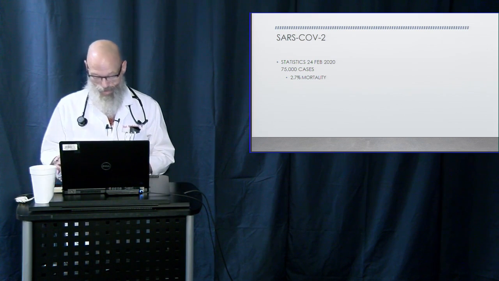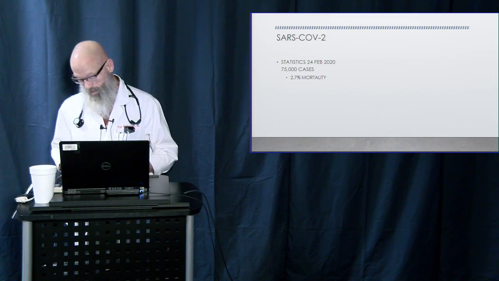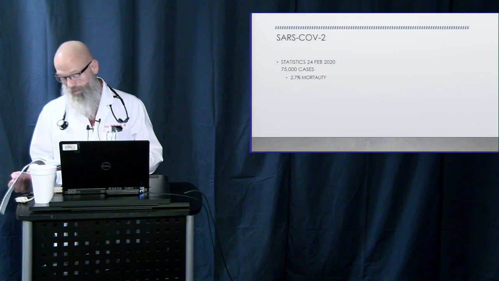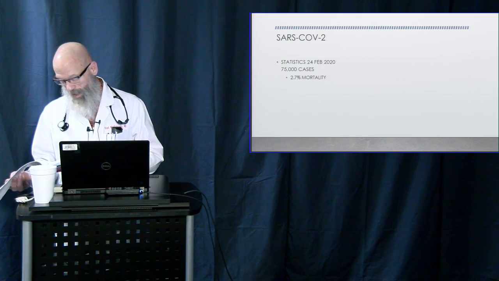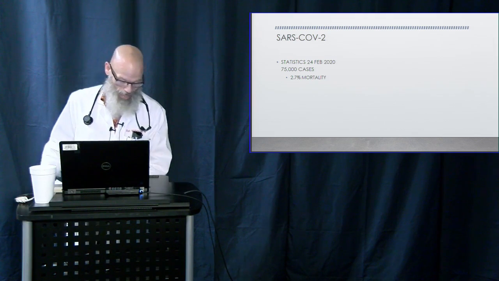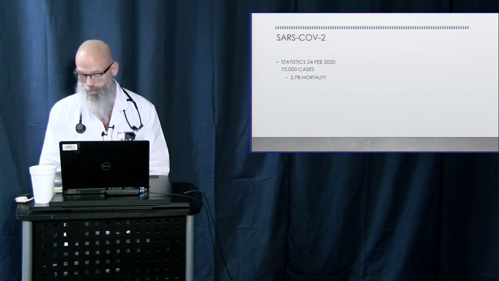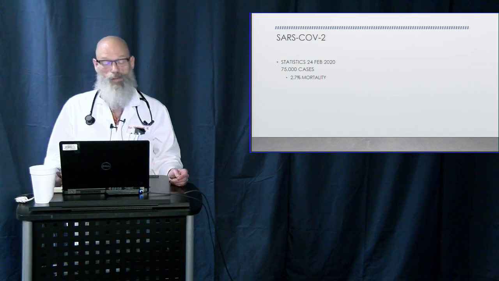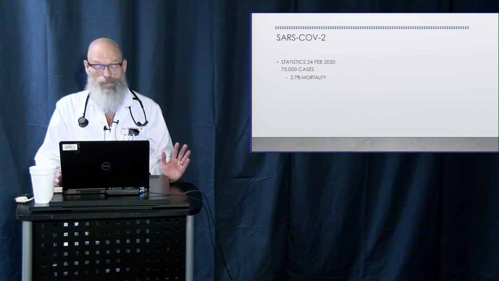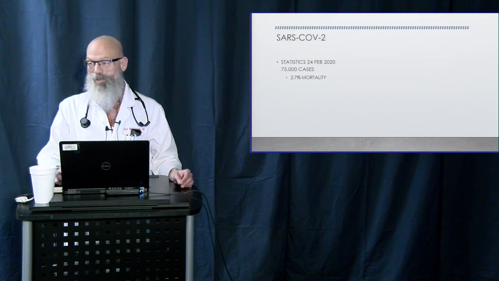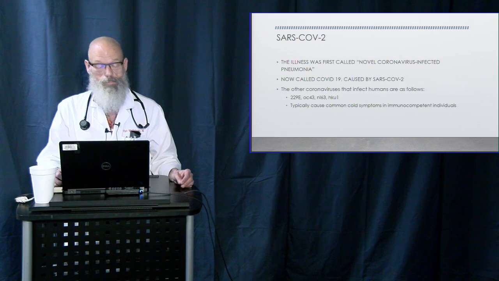And as of this morning on the World Health Organization website, there were 88,948 confirmed cases globally, 3,043 deaths, and that's 3.4% mortality. Keeping up with this has been challenging. It's been fascinating, and it's getting a little bit more concerning. That increase in mortality, I think, has gotten everyone's attention.